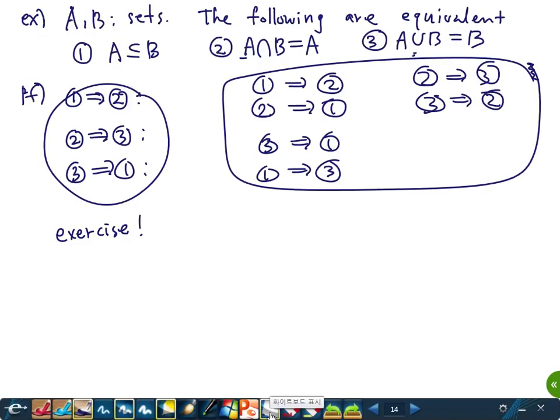Now, let me talk about existence proofs. So, the theorems that we have seen so far look like: for all x, if p then q.